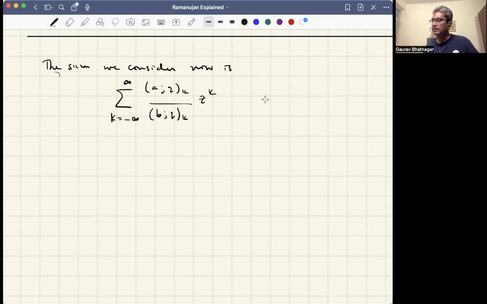So this is a bilateral sum, and it generalizes the simplest of the sums, the q-binomial sum. So it's sort of natural to consider this. All right. So when does it converge?